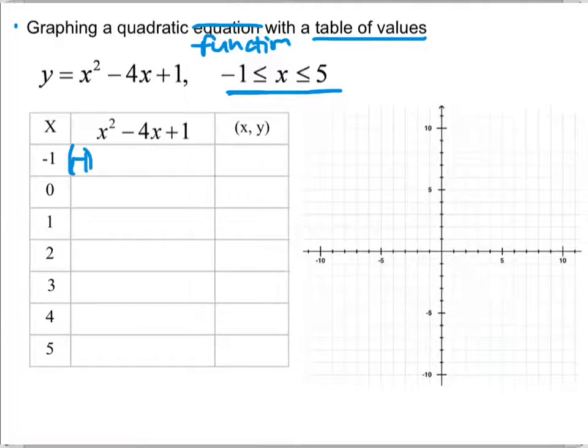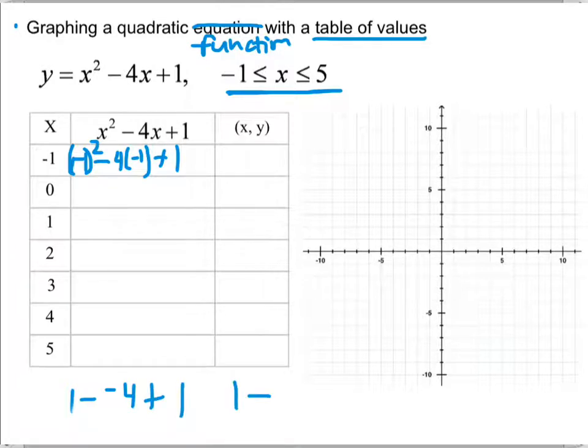So it's -1 quantity squared minus 4 times -1 plus 1 for the first one. -1 squared is 1. Then you'd have minus a -4, which is plus 4, and then plus 1.